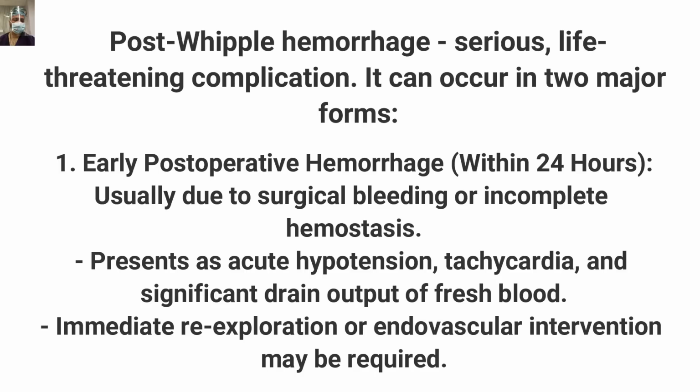We should ensure proper hemostasis as we have discussed in the previous video, and we will discuss more in the upcoming videos. It will present as tachycardia, hypotension, and frank blood in the drains. The usual recommendation is to do an early re-exploration and ensure hemostasis, or you can follow endovascular intervention also. But usually our policy is to do an early re-exploration to ensure hemostasis.